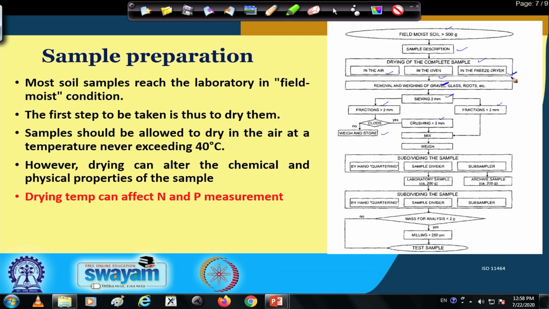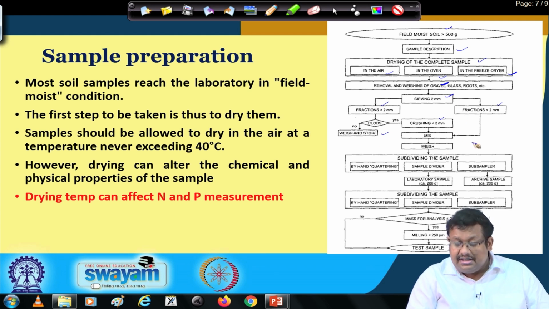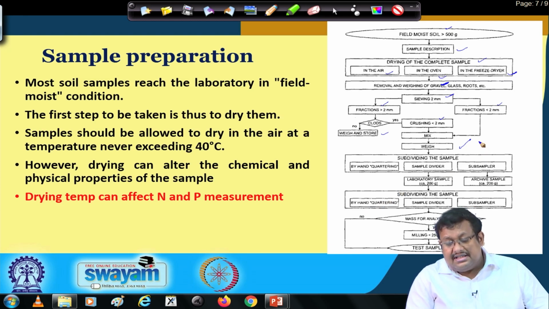When the fractions are greater than 2 millimeter, we crush them and then further mix them. We weigh them, and after we weigh them, we can do the subdividing or subsampling of the sample by the hand quartering method. We will be discussing the hand quartering method, or the use of different types of sample divider or subsampler.